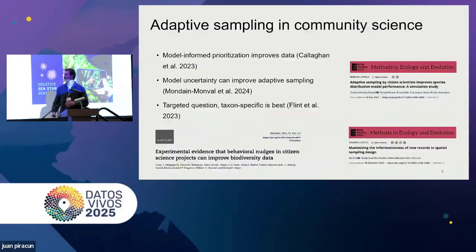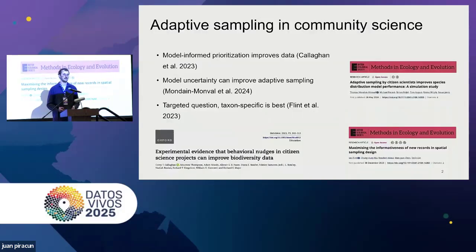We've been hearing a lot about adaptive sampling throughout the conference, so I'll skip over this, but the main takeaway is that yes, community scientists respond positively to adaptive sampling. Corey Callahan showed us that.